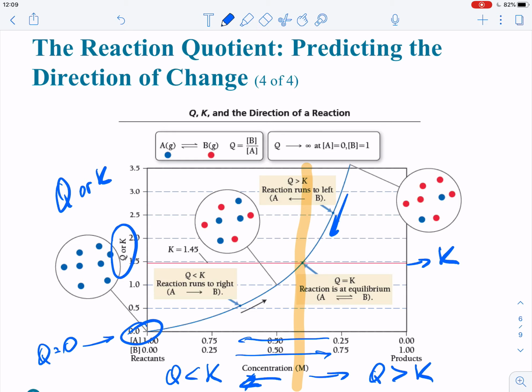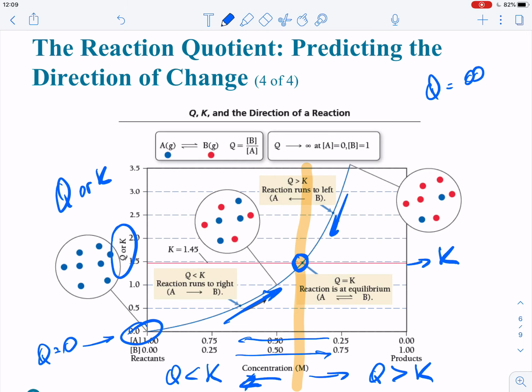So if you are going in this direction, you are decreasing products and increasing reactants. If you go in that direction, you are increasing products and decreasing reactants. So the reaction will be moving until you reach that point. That is the equilibrium point. And up here is Q infinity.